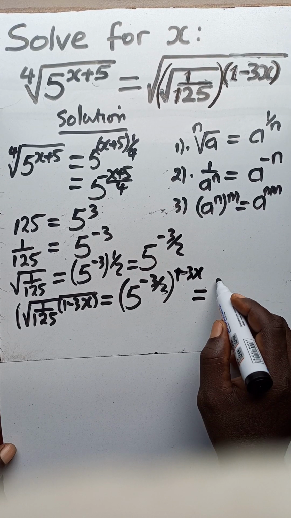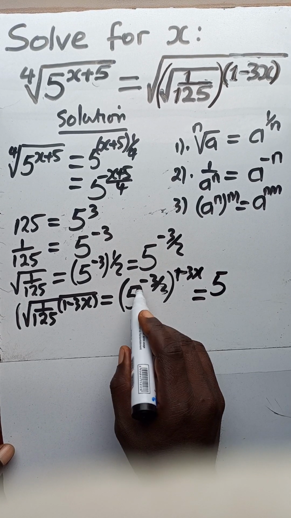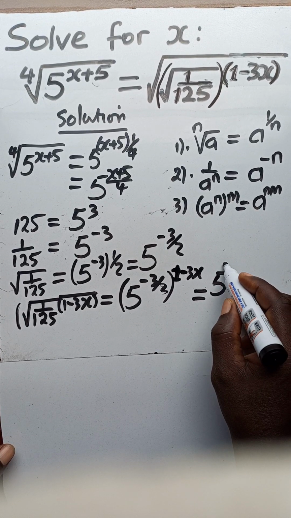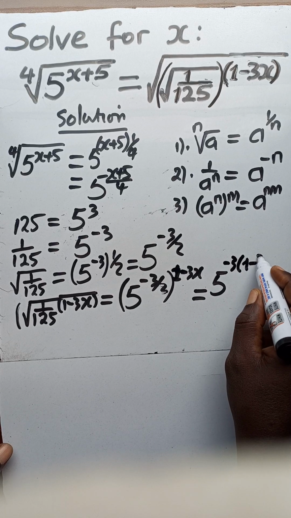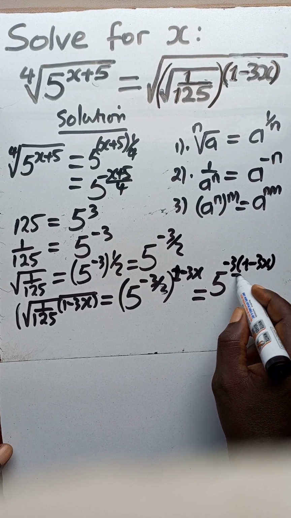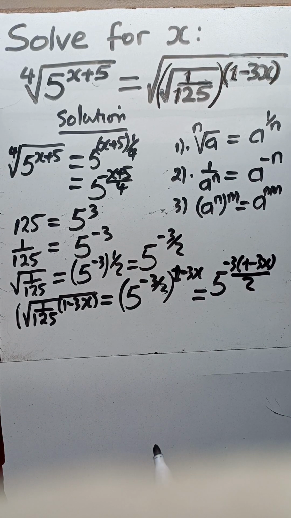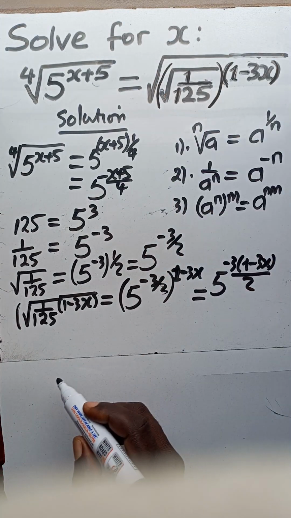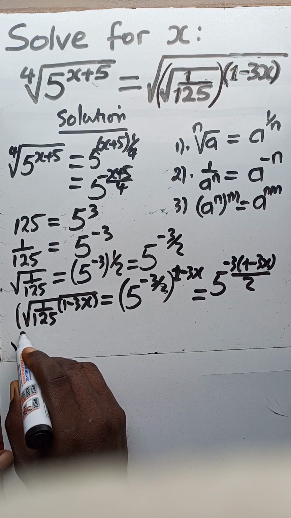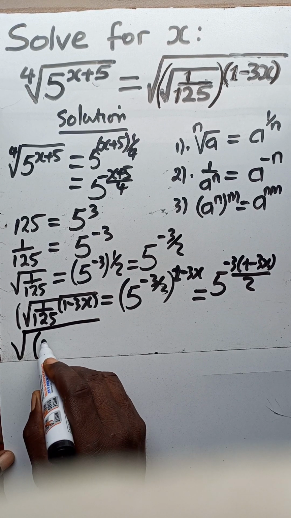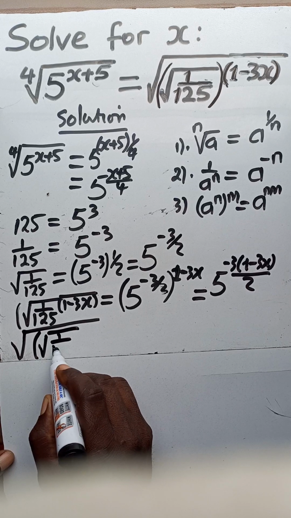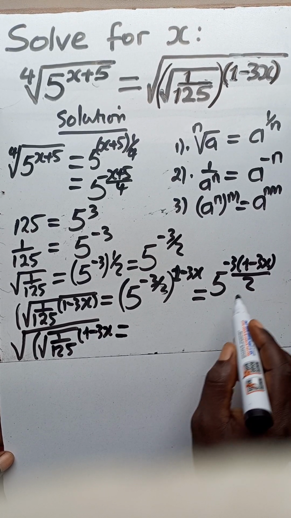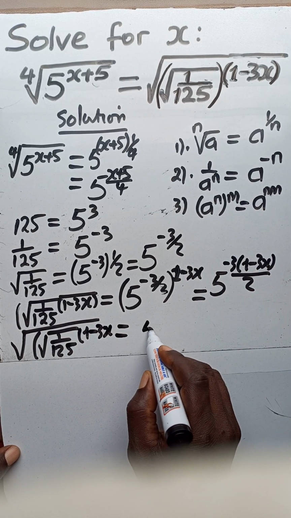That will give us 5 to the negative 3 times 1 minus 3x, all of that divided by 2. All of that again was raised to the power half.